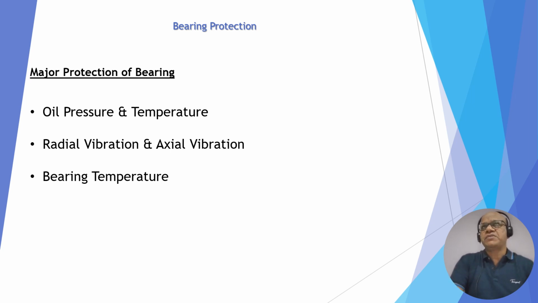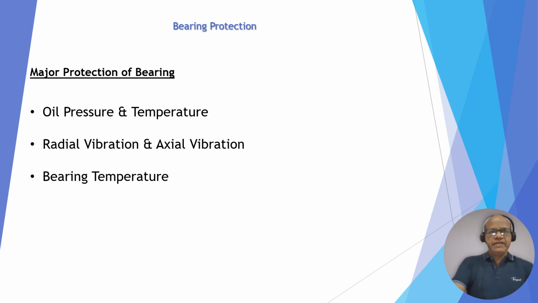Of course it helps in vibration reduction, but bearing temperature increases. On the contrary, if you supply hot oil to the bearing, then of course bearing temperature will be high and viscosity will decrease, so vibration will be high because of less viscous oil. So required temperature is very important for protection of the bearing.